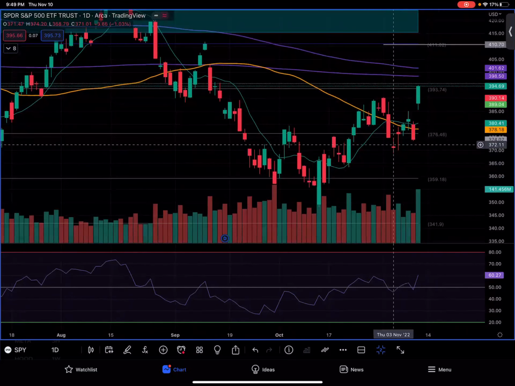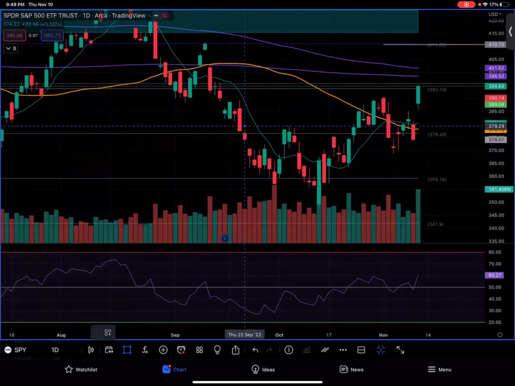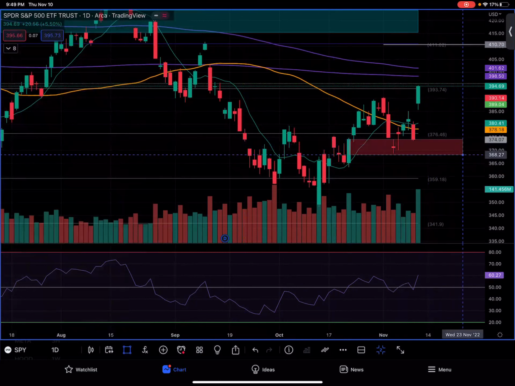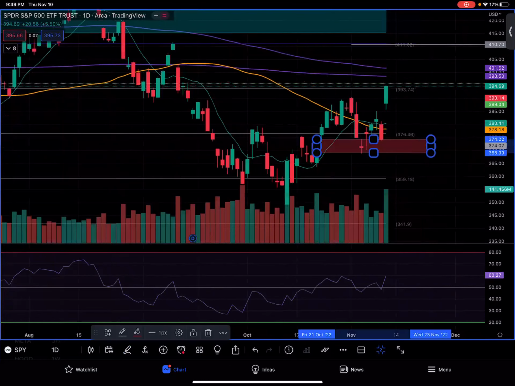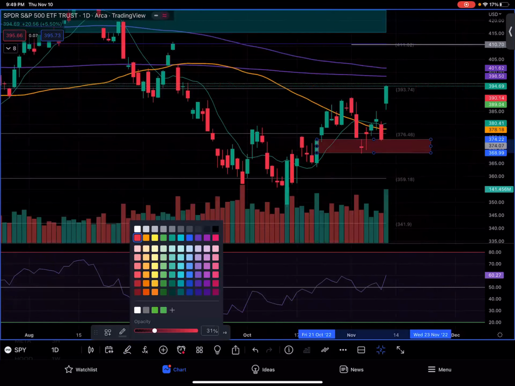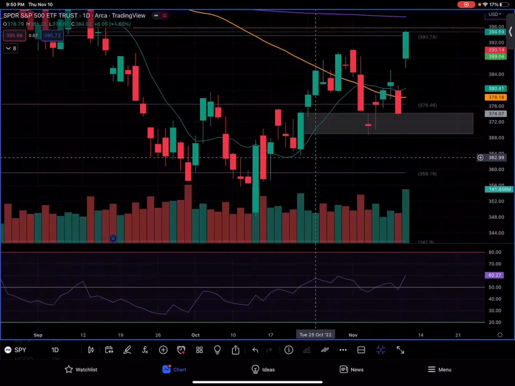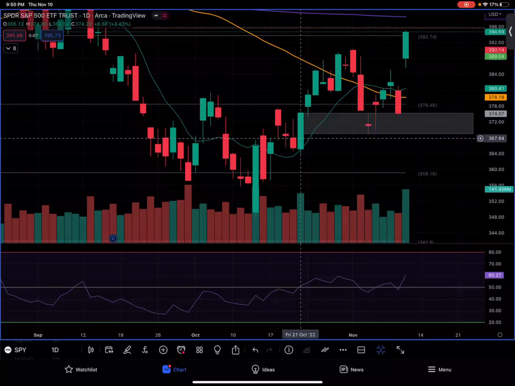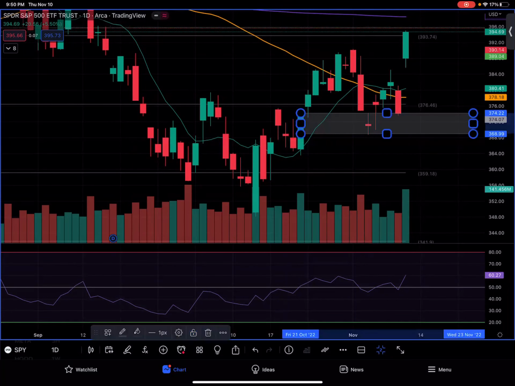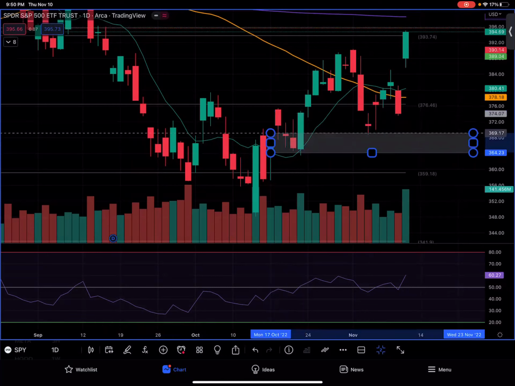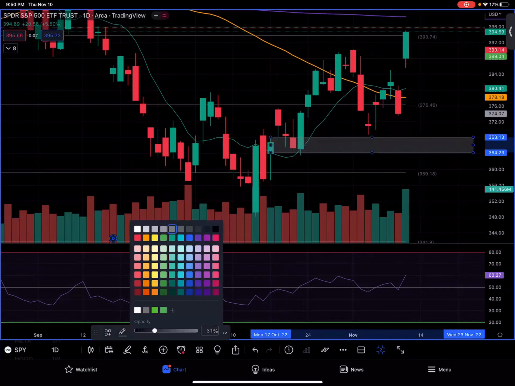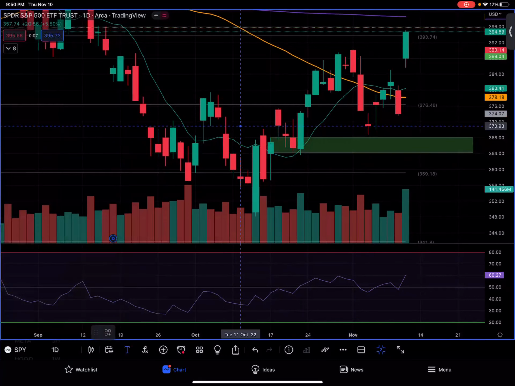So here's the most recent spinning top on the daily. Price action came into this daily demand zone, daily demand.